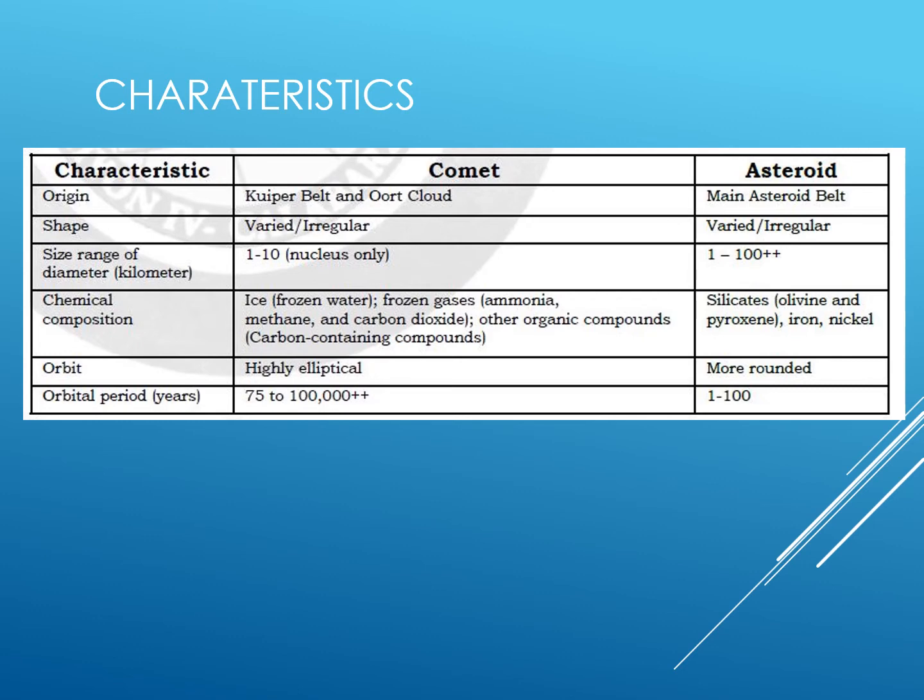Of course, there are also iron and nickel. The orbit of a comet is highly elliptical, in comparison to the asteroid, which is more rounded. For the comet's orbital period, it orbits around 75 to 100,000 years, while for the asteroid, its orbital period is 1 to 100 years.